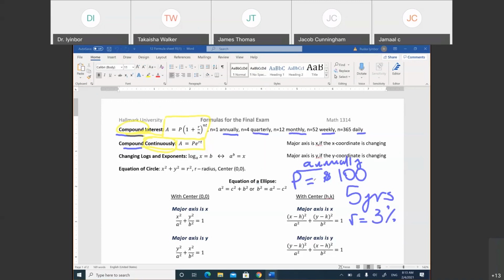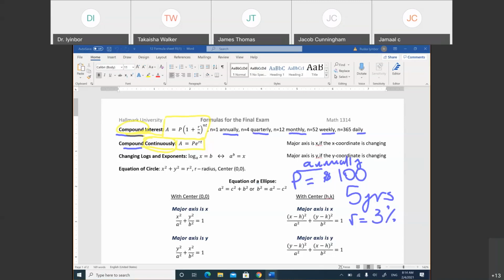After the second year, you calculate the rate again, but not over the $100. It's over the $100 plus the interest from the first year. In that way, your principal grows year after year.